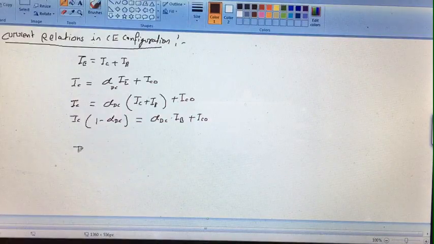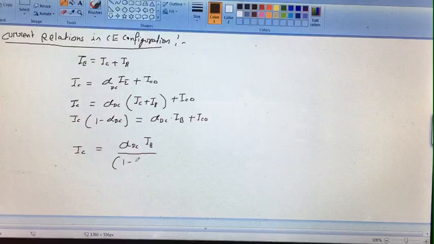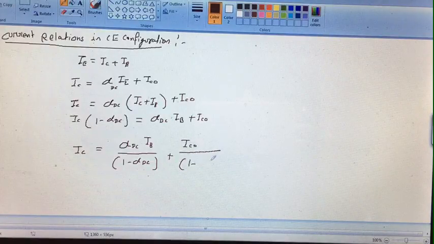So IC is equal to alpha DC IB upon 1 minus alpha DC plus ICO upon 1 minus alpha DC.